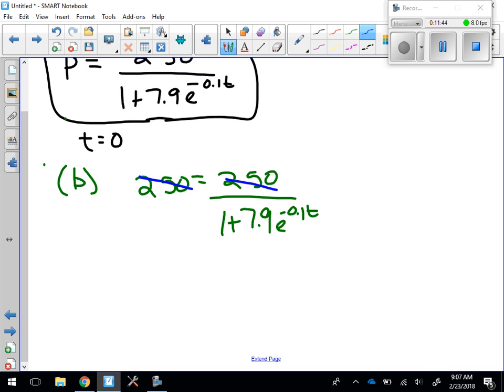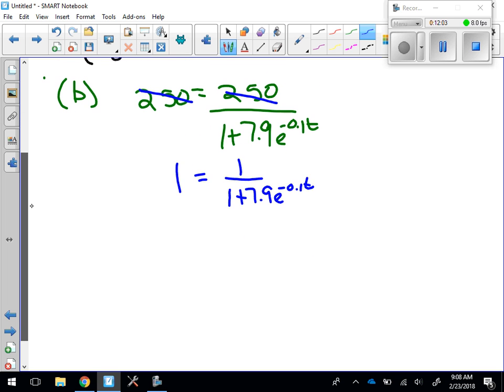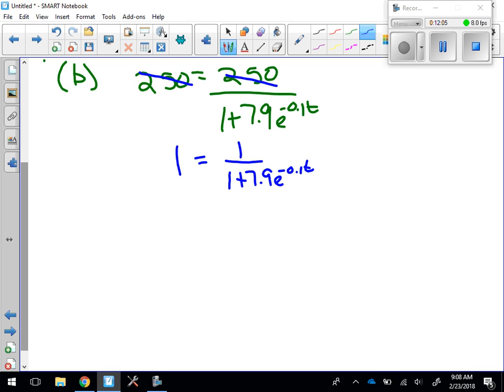Well, I've got 250, so that becomes a 1, and I have 1 over 1 plus 7.9 times e to the negative 0.1 t. I could cross multiply, but I might as well get rid of my 250s first. So I've got 1 plus 7.9 e to the negative 0.1 t equals 1.